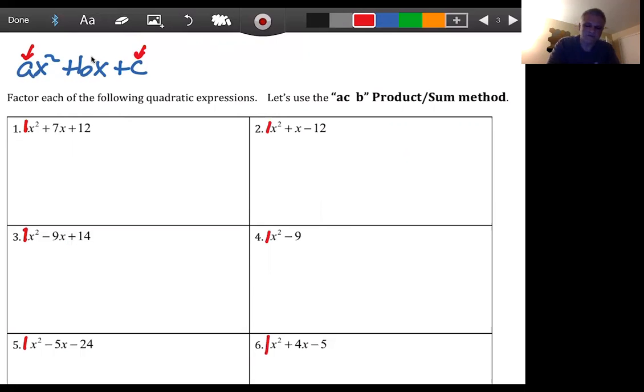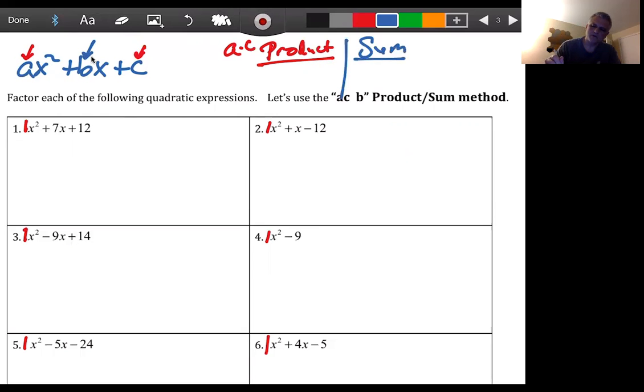That's nice. So ac, or a times c, we're looking for the product, the product of a times c. And then the sum, we're looking for b. So product, sum, looking at b.